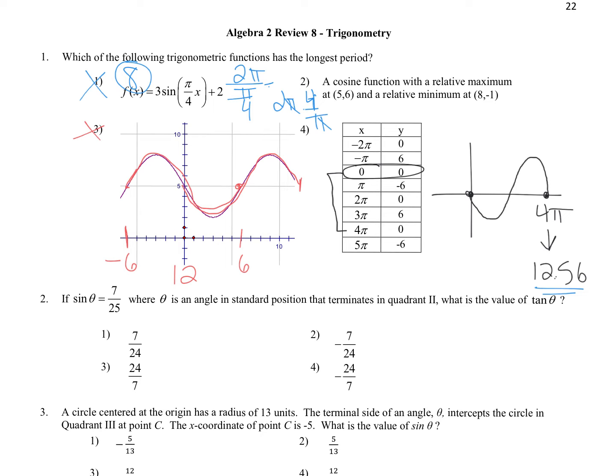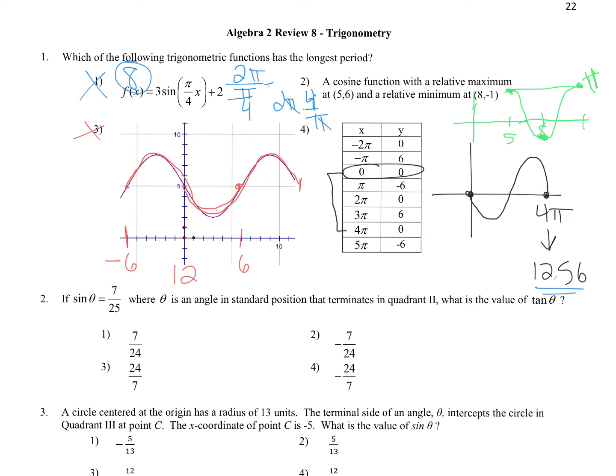So the last one, we have to read a verbal description and graph it. I'm just going to draw a little graph here. So I have the 0.56. We'll say that's somewhere around here, not perfectly to scale. That's the maximum. It goes down to 8, -1. So that means it would come back up to the top and finish one period out here at 11.6.